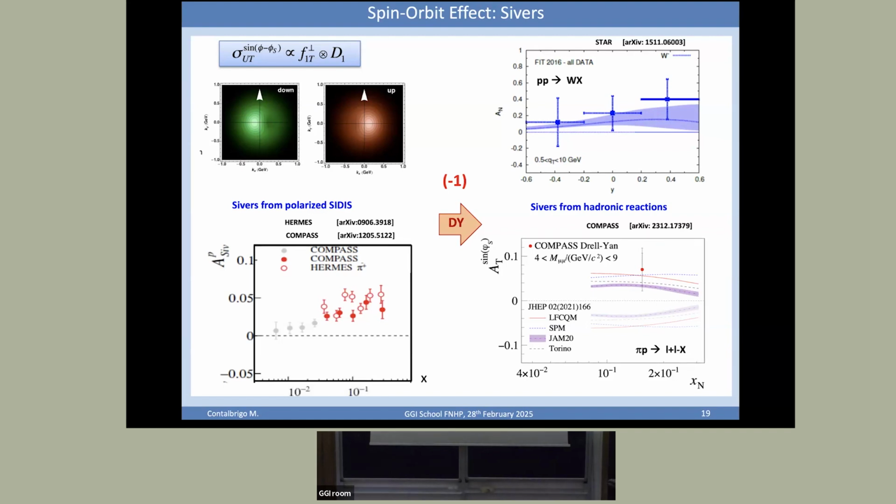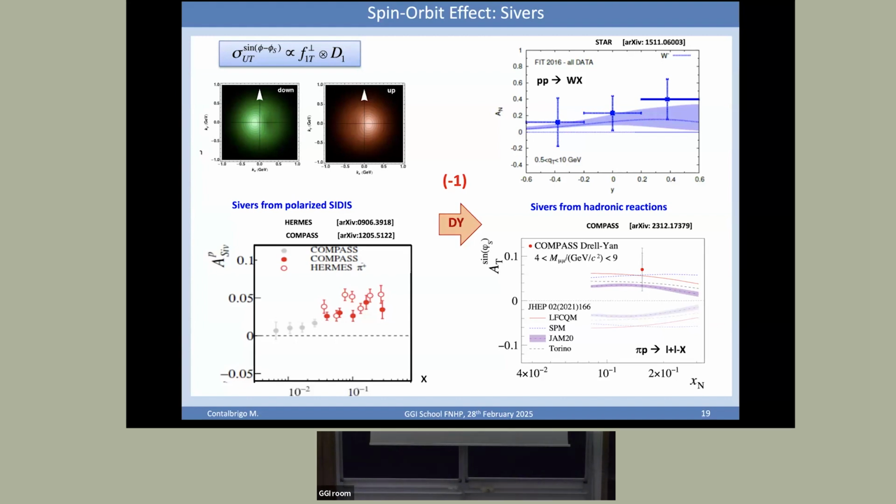And these are the signs we have, that these things are real. They are not really precise, because we are still in the initial stage. And you see here a tentative demonstration of this sign change from SIDIS to Drell-Yan. This is what we have in real Drell-Yan. Or we have something like that when you produce a W, that is a similar reaction.